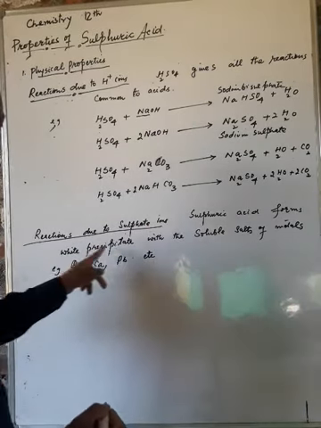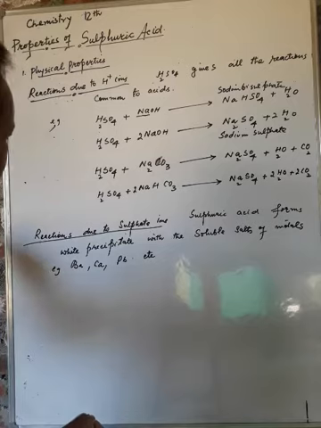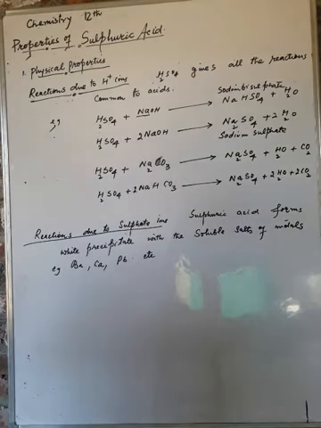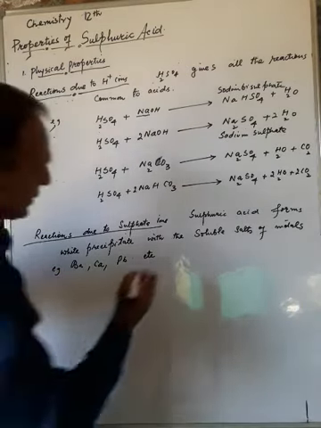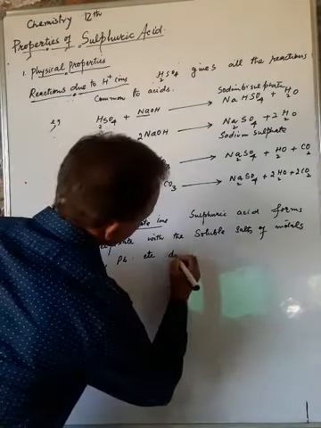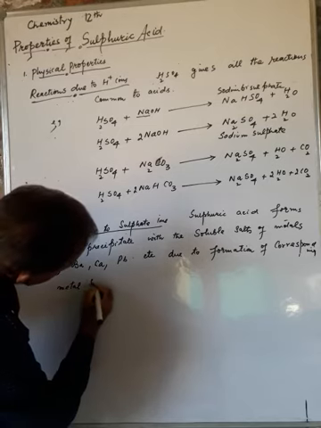Sulfuric acid forms the white precipitate, and that white precipitate is due to the formation of the corresponding metal sulfates.